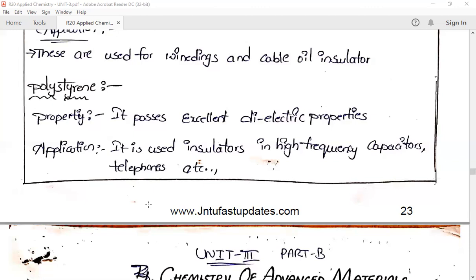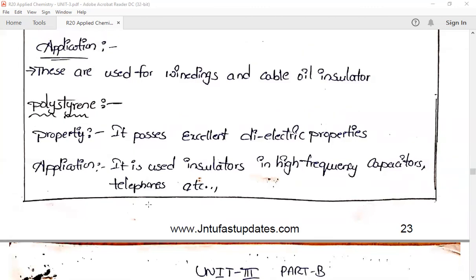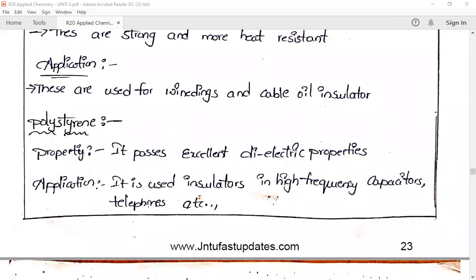Apart from these solid insulators, there is another insulator which is known as the rigid insulator. The best example for this is glass. Glass possesses a low temperature coefficient, high dielectric constant, and high dielectric strength.